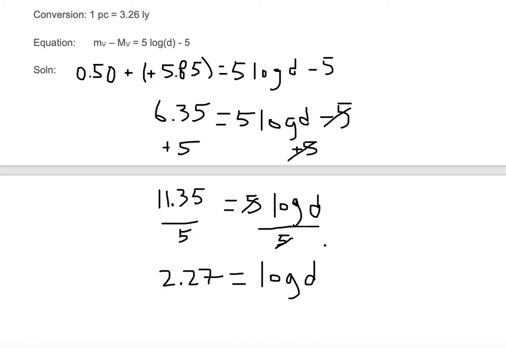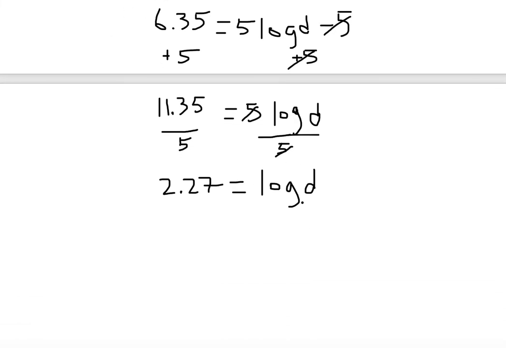Now you have to go back and remember your log scales. Log scales are log base 10, and that means 10 to the exponent 2.27 is equal to d. So all we need to do is take 10 to the 2.27.